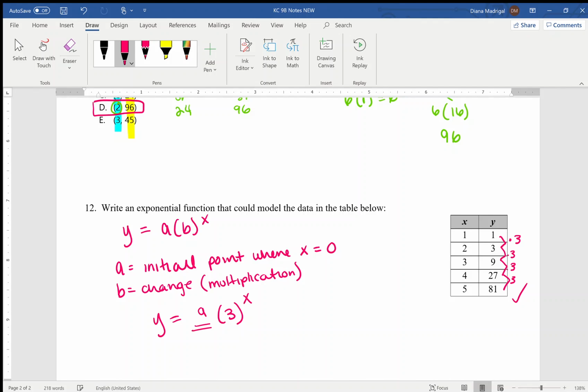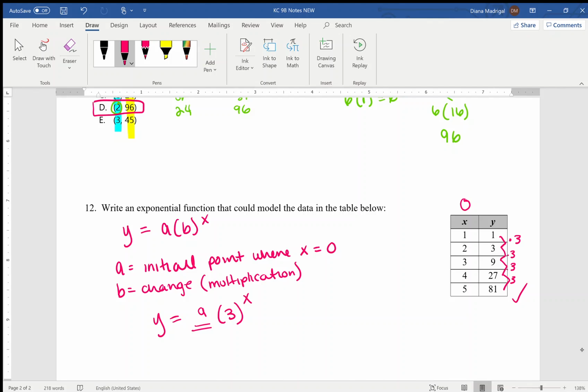What would my a be? Remember, it's your initial point. How do you find the initial point? When x equals 0. If I multiply going forward by 3, I can always figure it out when x equals 0, even if they didn't give it to us. I just have to go backwards.